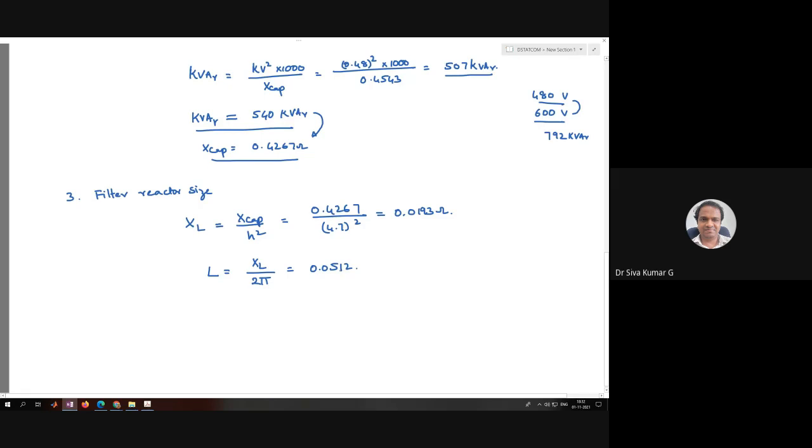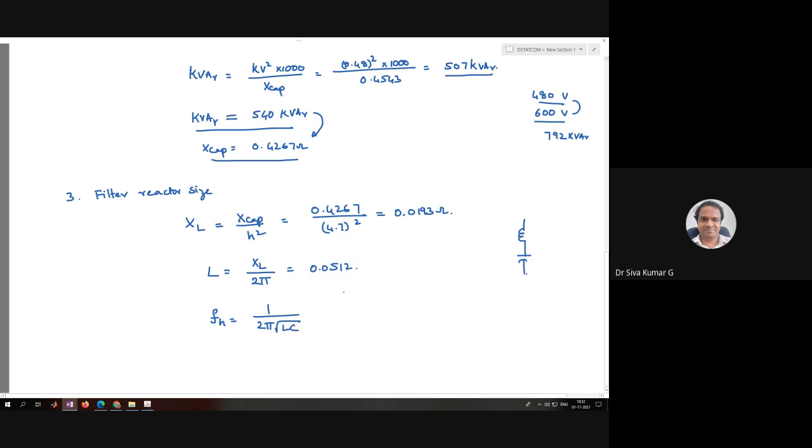Okay. Now with these values of L, we can compute the frequency of the L and the capacitance combination. With that, FH is equal to 1 by 2 pi square root of LC.